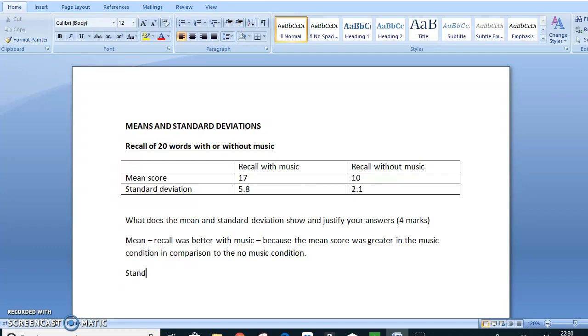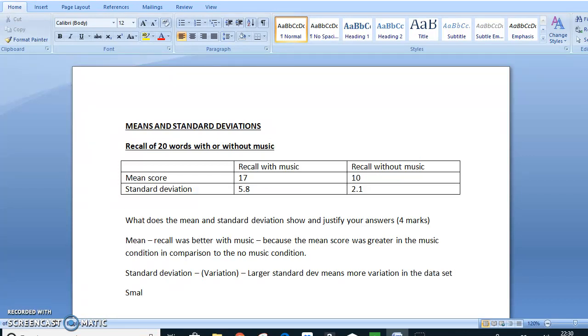For standard deviation, which is a little bit trickier than that, please remember this is more about variation, so it's not about which group does better. I'm just going to give you some more advice. Larger standard deviation means more variation in the data set.